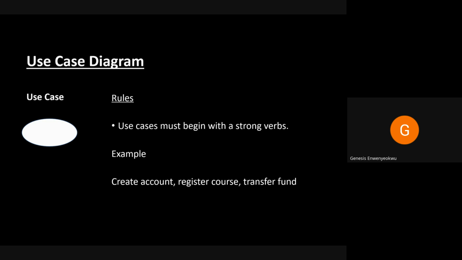For instance, create account, register course, transfer fund. You make sure that your use case starts with a strong verb and not a noun. You don't say account registration or account setup, or fund transfer. Do you understand? Don't say fund transfer.